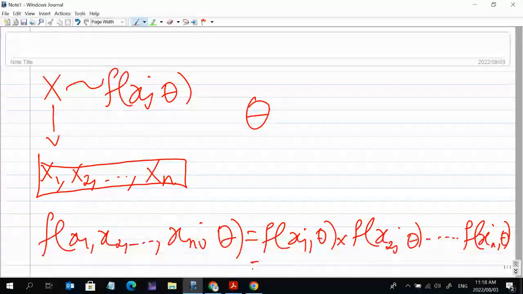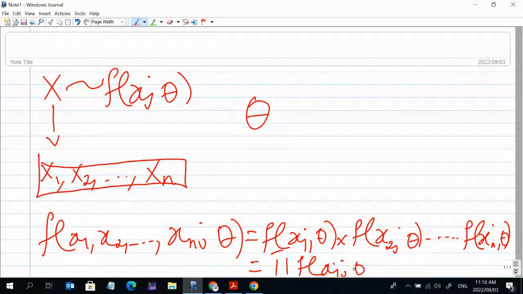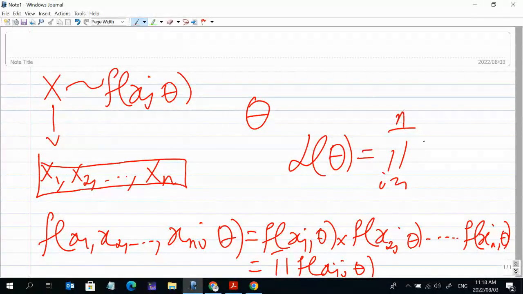So we can just use the product of f of xi, theta. This is the likelihood function. The likelihood function is nothing but the joint function, so it's the product of the marginals.